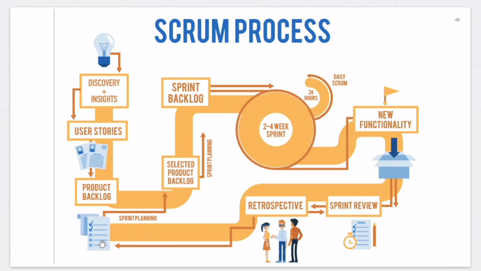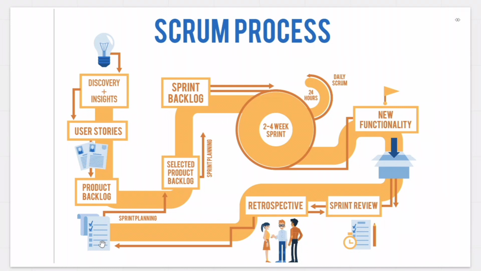So you have on the left here your discovery and your insights, which comes from your UX research and you're talking to customers and all those things I spoke about. From those you have user stories, and we've worked with user stories in creating the product, and that's how we've got our insights already. They would go into a product backlog, and this is where the product owner, he or she, would then prioritize those with the help of their team and put them into a product backlog for the sprint.